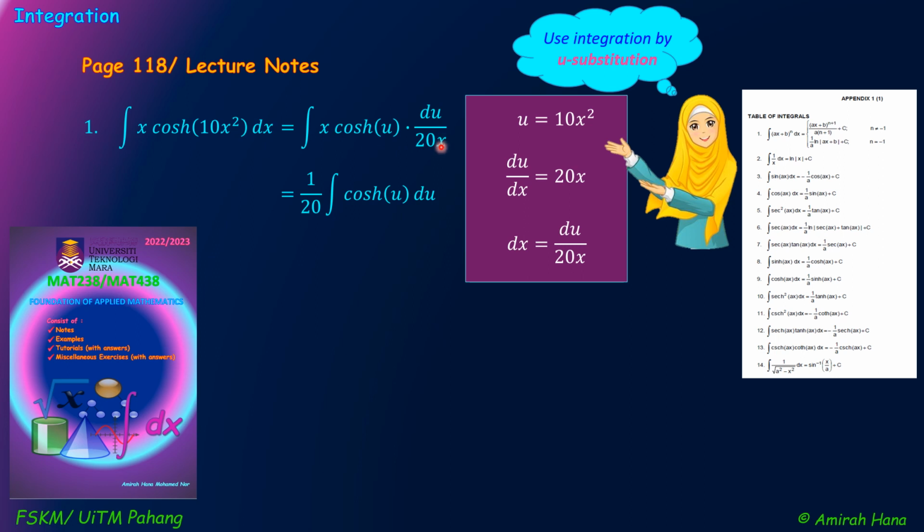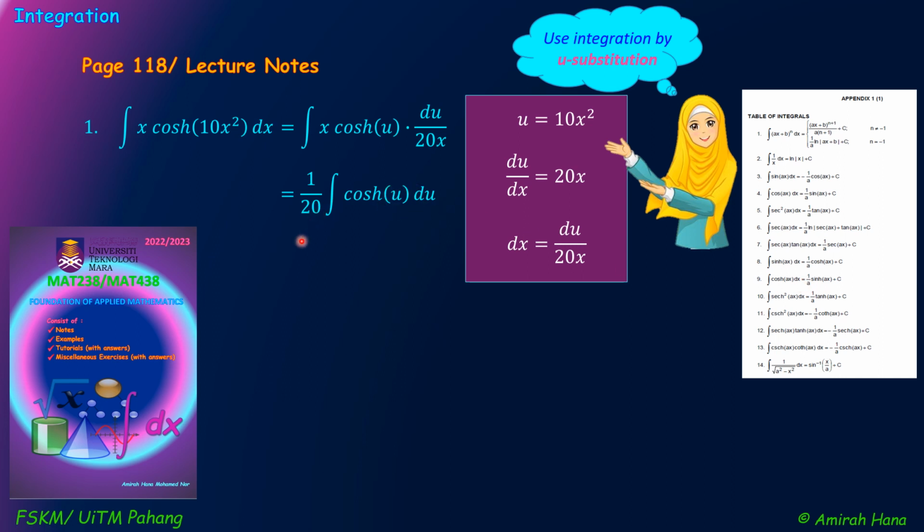Okay, and then from appendix, if we replace a equals to 1, we have integration of cosh x dx equals to 1 over 1, which is 1, and then sinh 1x. Kalau kita replace a equals to 1, means that if we integrate cosh u du, so we got sinh u.